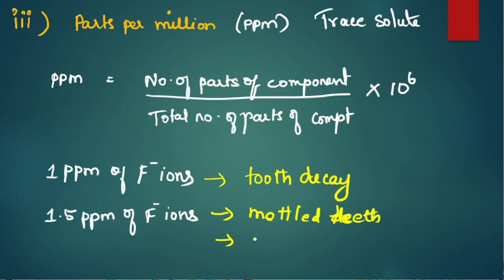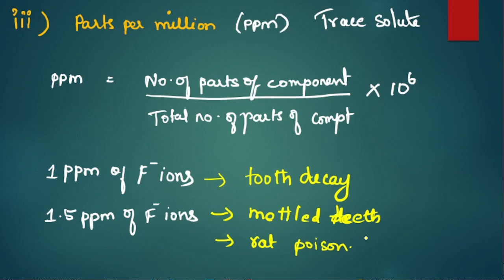It acts as poison. Clear? So this is about the clear definition of parts per million.